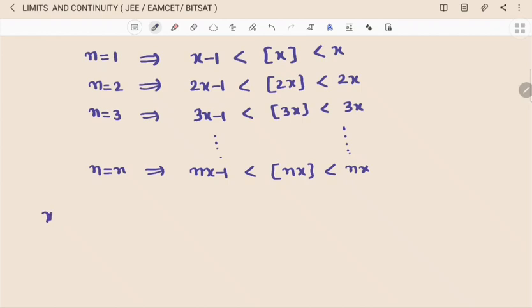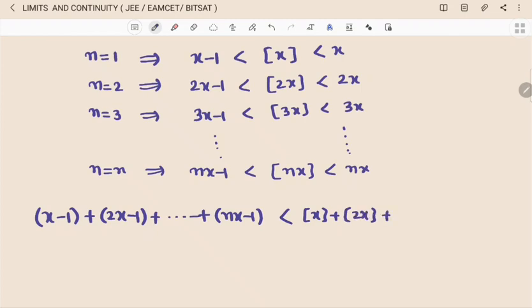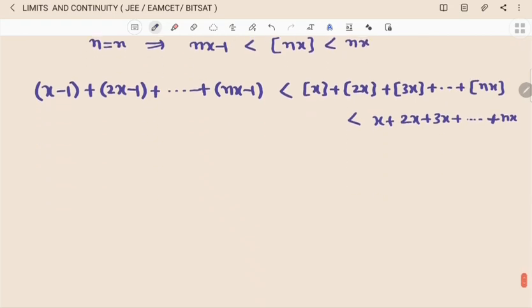So here x minus 1 plus 2x minus 1 plus and so on nx minus 1 is less than [x] plus [2x] plus [3x] plus and so on [nx] is less than x plus 2x plus 3x plus and so on plus nx. I hope everyone understands.